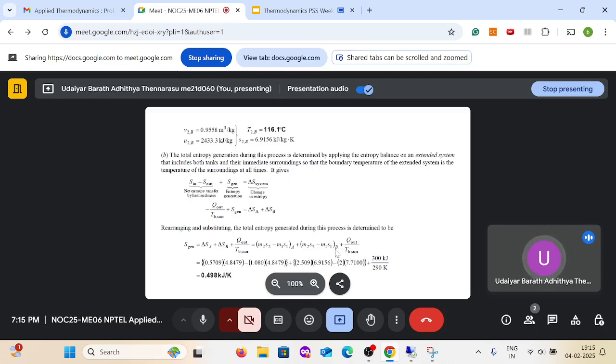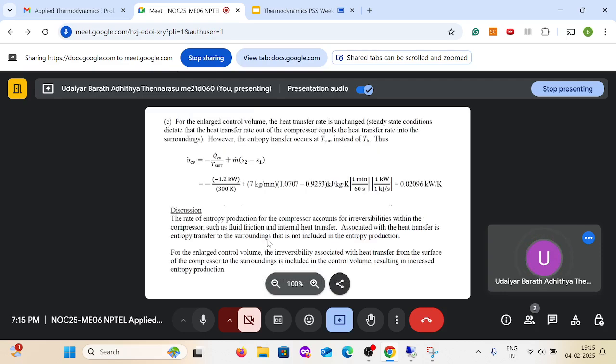So substituting the entropies and mass of tank B, and Q is given as 700 kilojoule at 17 degrees Celsius, so 290 Kelvin. So this comes out to be 0.498 kilojoule per Kelvin. So that is the total entropy generated.